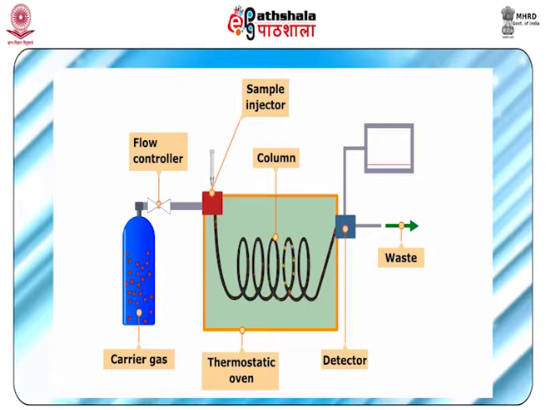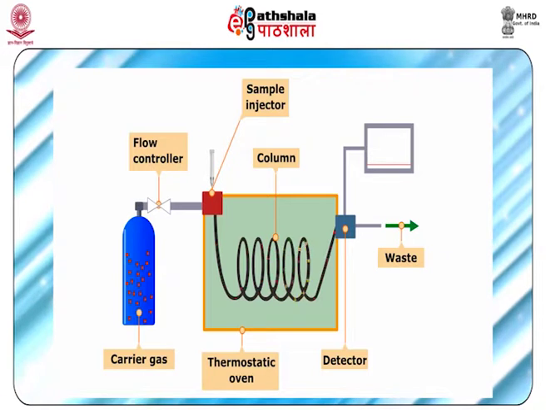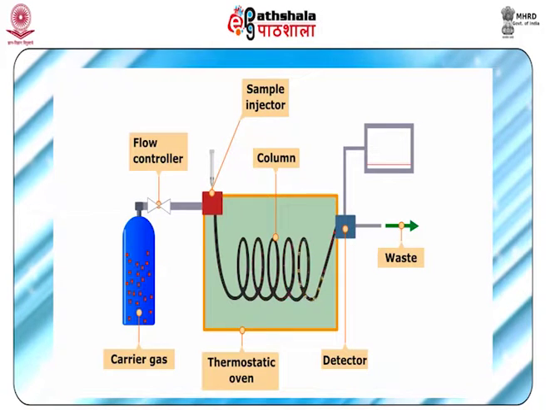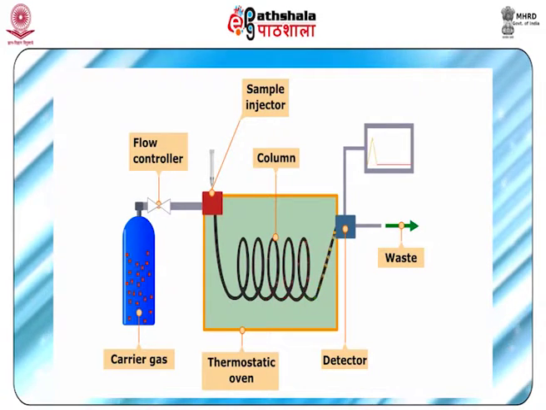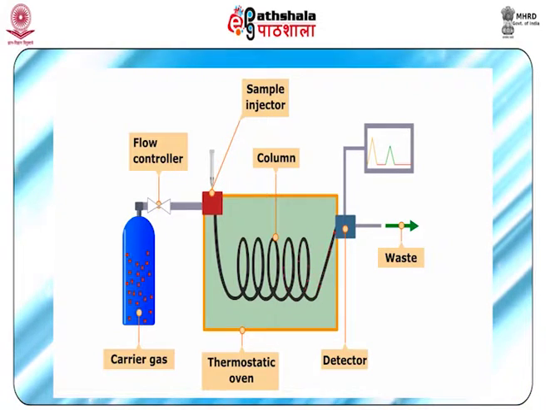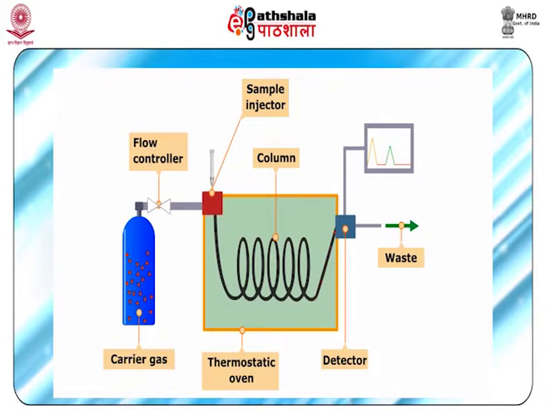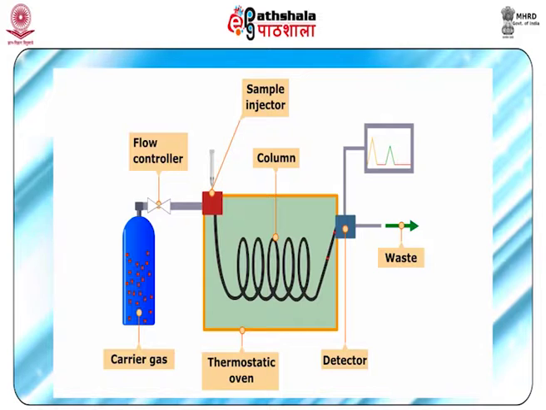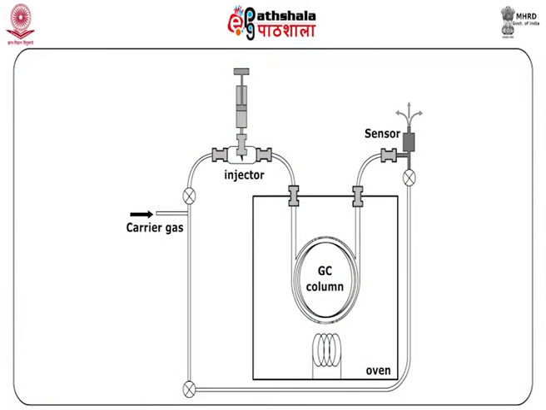A small volume of the sample to be analyzed is dissolved in an organic solvent like methanol or chloroform and is injected into the column. The high temperature of the column evaporates the volatile components in the sample, which are finally eluted out of the column along with the carrier gas.